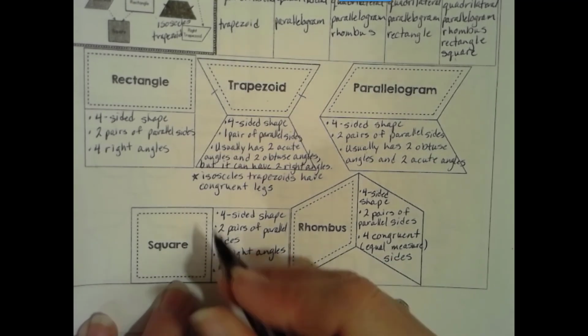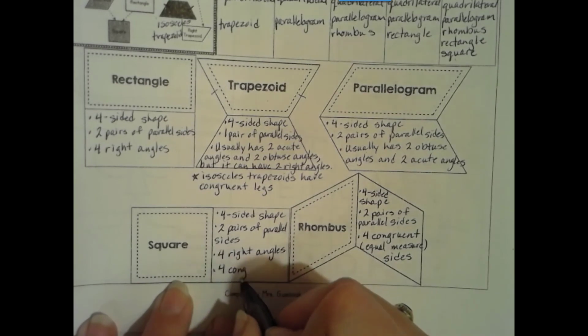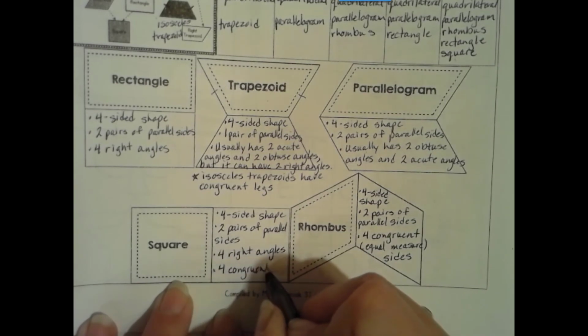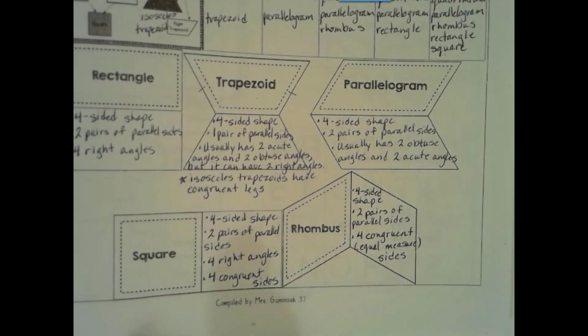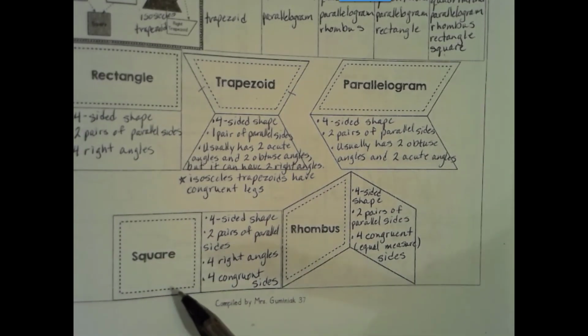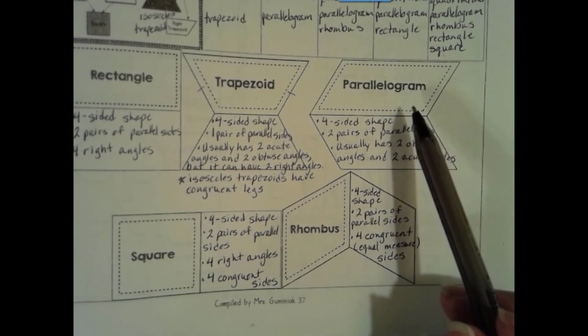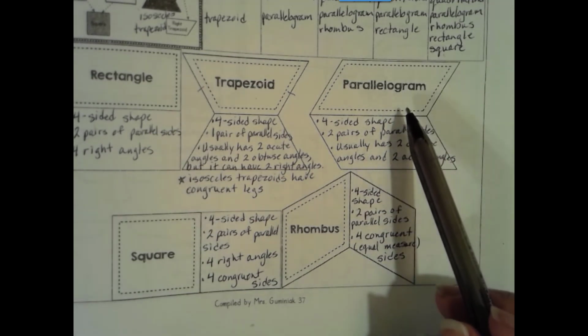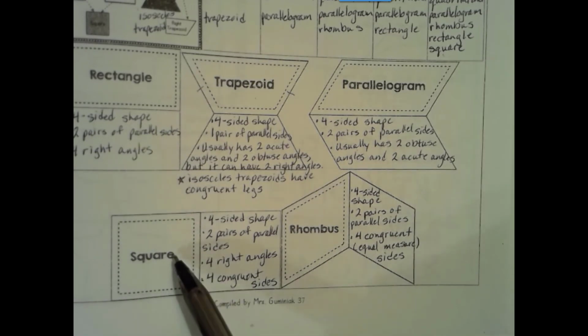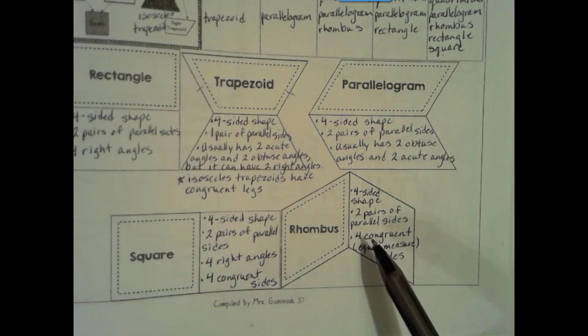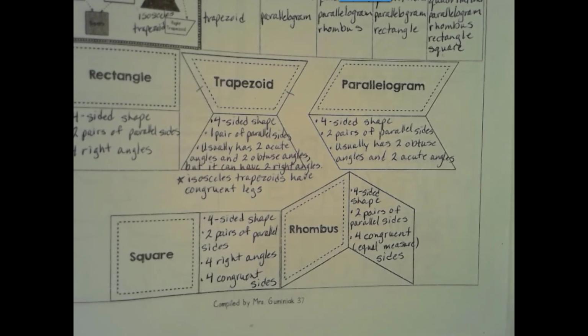And four congruent sides. So a square is a parallelogram, two pairs of parallel sides. It is a rectangle, it has four right angles, and it is a rhombus, it has four congruent sides. Alright, so let's go ahead and do our three column notes and look a little bit more at our special quadrilaterals.